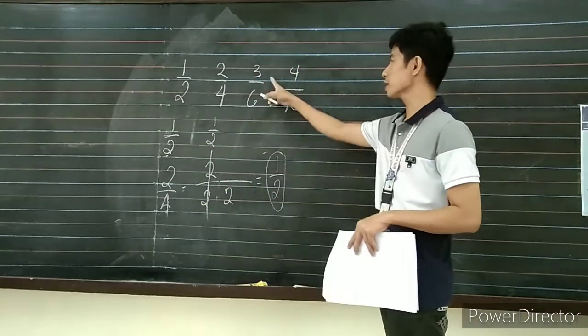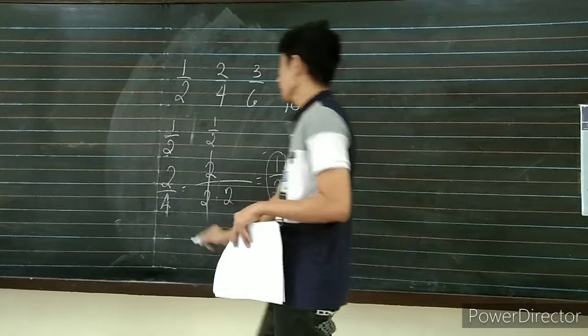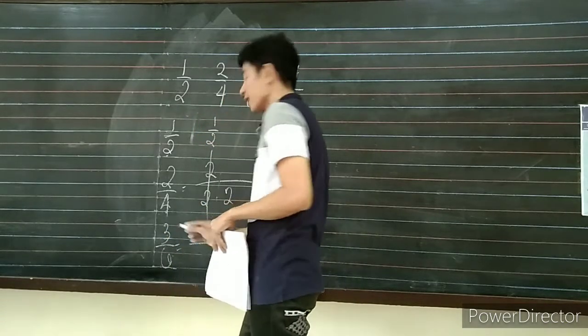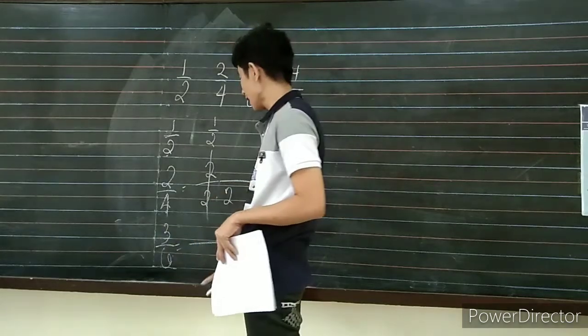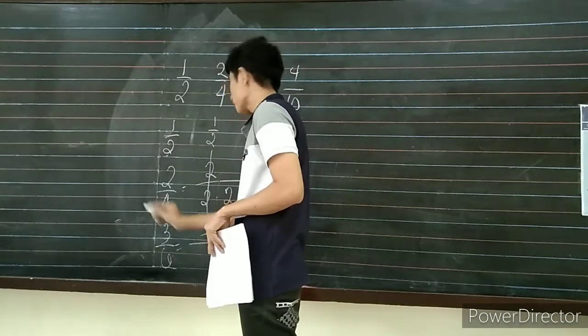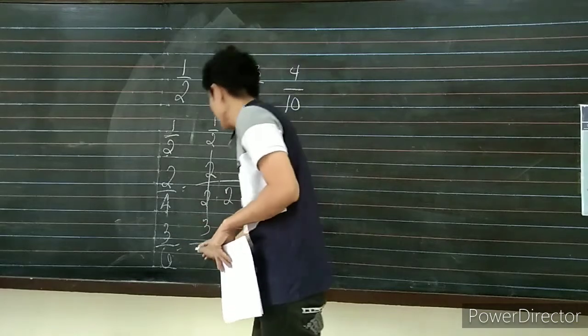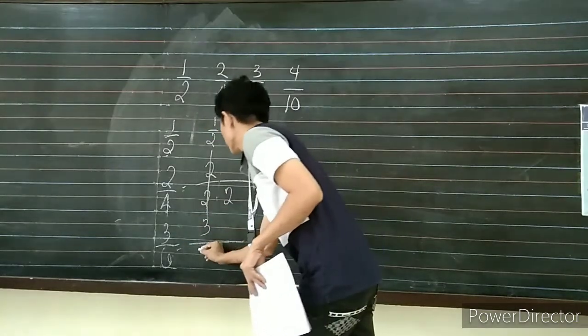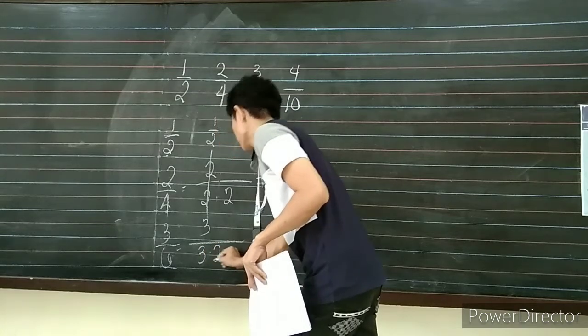Next fraction is 3/6. 3/6 can be simplified as 3 has the prime factor of 3, and 6 has the prime factors of 3 times 2.